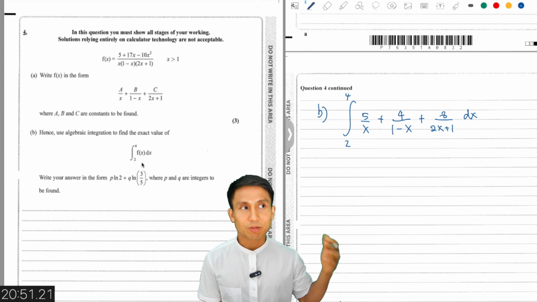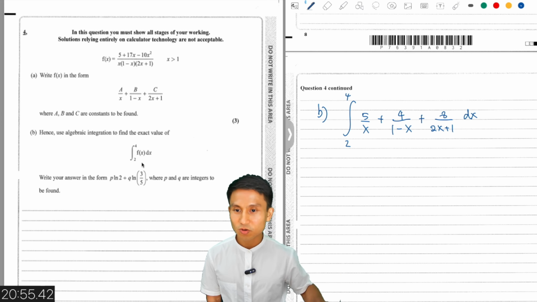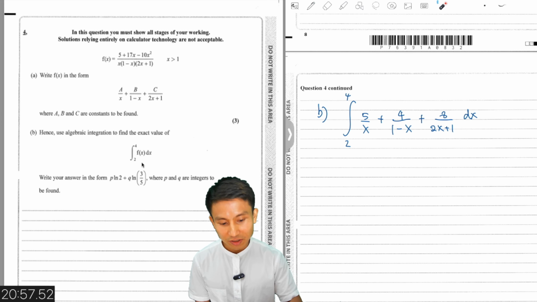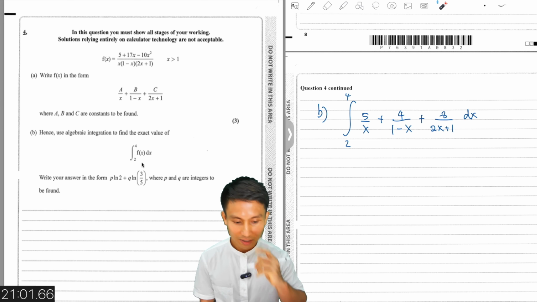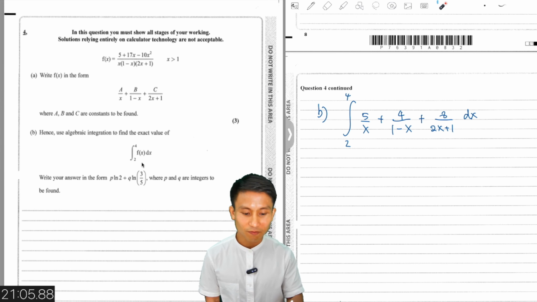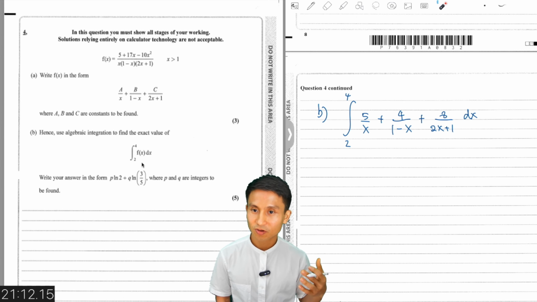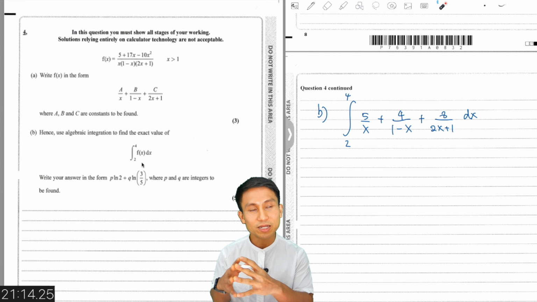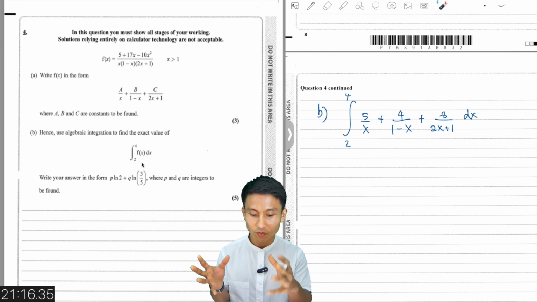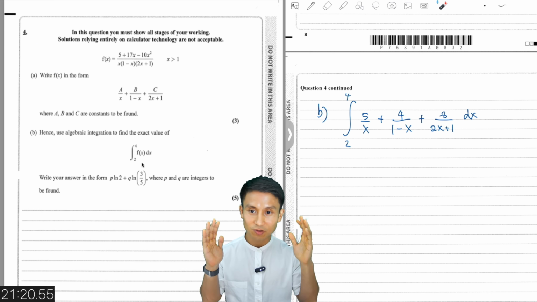Now, I have some anecdotal experience that when you integrate this, it's going to be ln of 1 minus x. And I had a vague experience of not flipping this, because if you sub 2 and 4 in, this is going to be less than 0. Of course, we know that when you integrate and get a ln, you have a modulus sign as well.